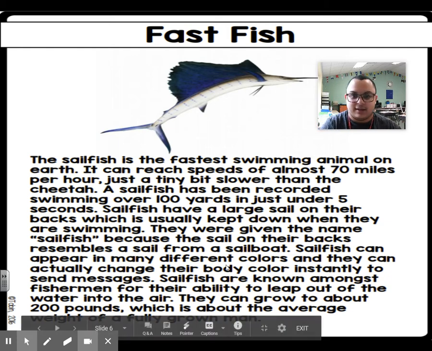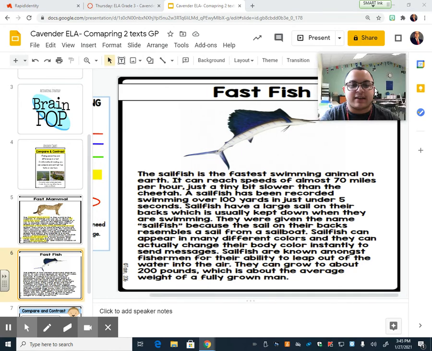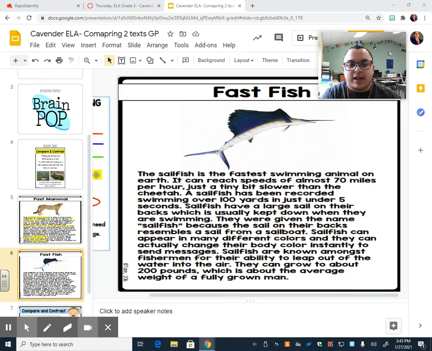All right. Wow, these animals are amazing. So let's highlight some important things about this fast fish. So we know that it is the fastest swimming animal on Earth. And we know that it can go almost 70 miles an hour.